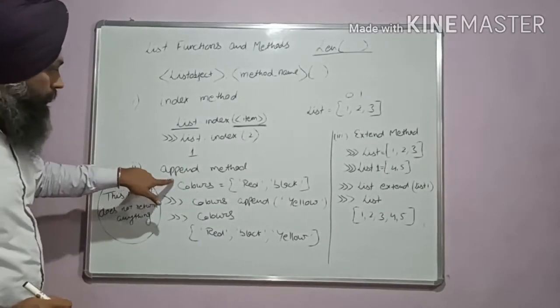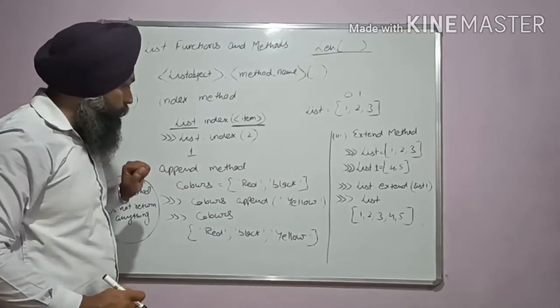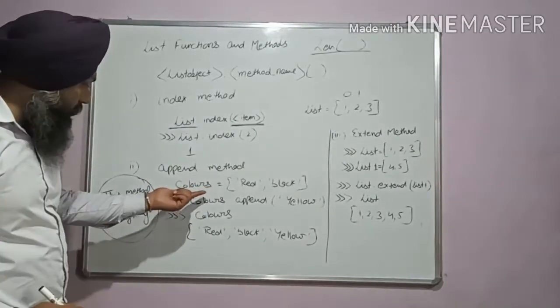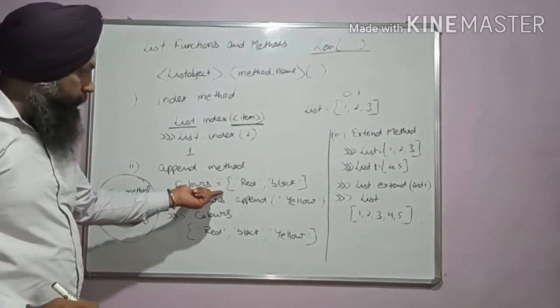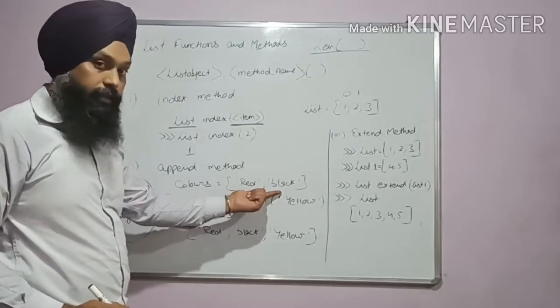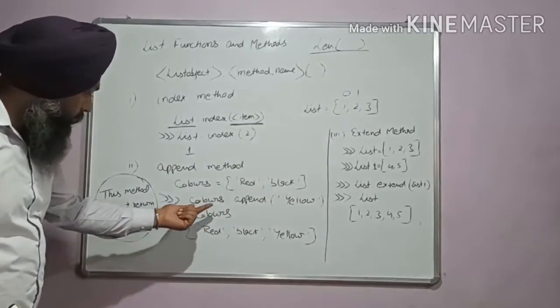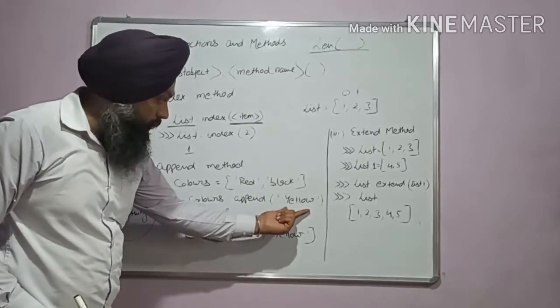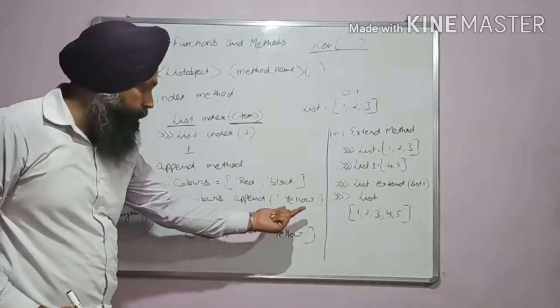Next we have the append method. Append method is used to add a new element to the given list. Suppose we have the list colors having only two elements, red and black, and we have written colors dot append, and in the parenthesis yellow.